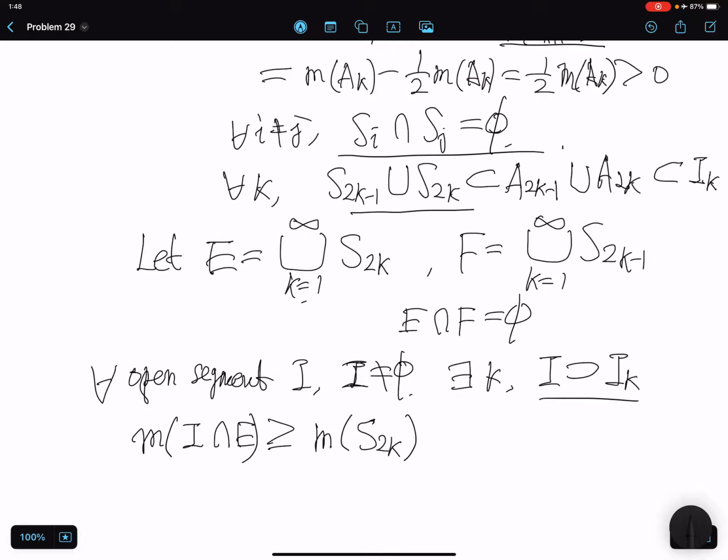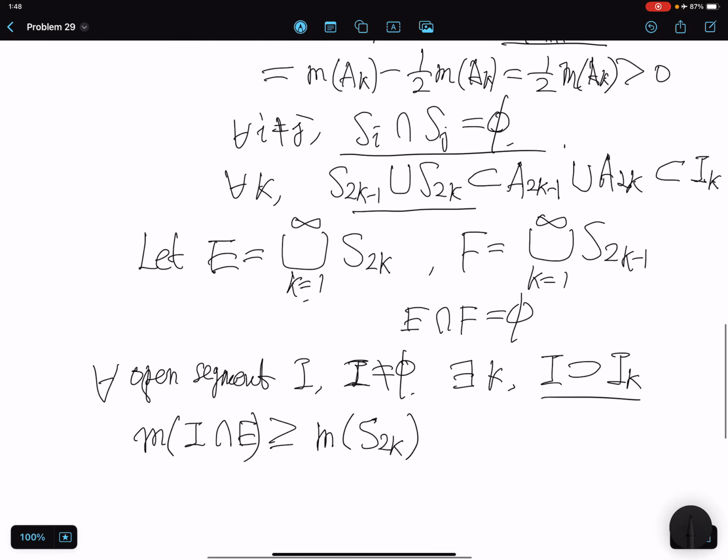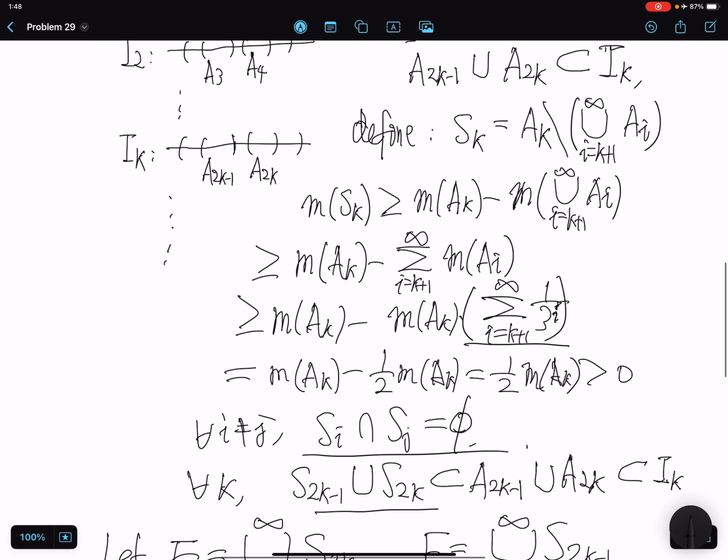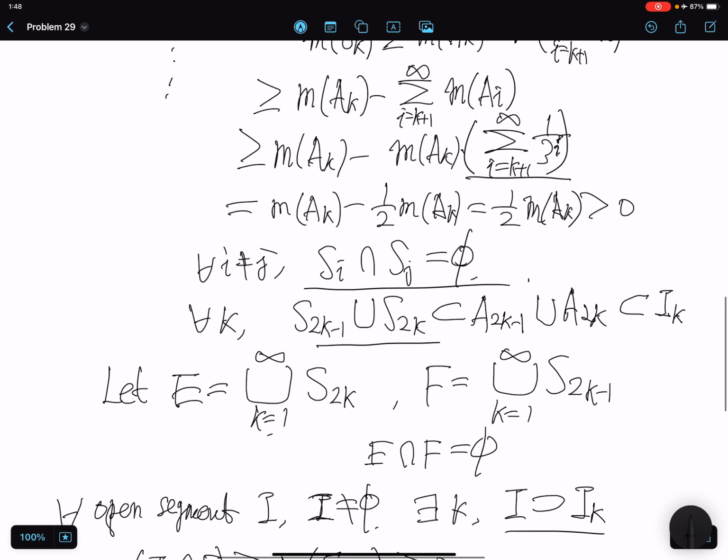This is part of E. And this is greater than 0, right? Because of this, for any k, we have the measure is bigger than this.